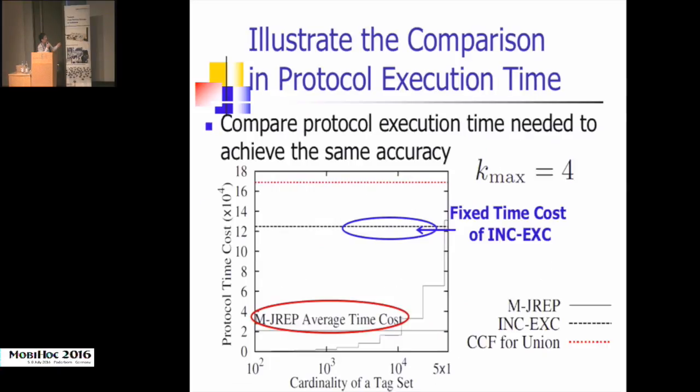So we show that if we compare the protocol execution time, the time efficiency of all the three protocols, our algorithm is at this level. And the inclusion-exclusion rule algorithm is at this level. And the K-minimum encoding scheme called CCF is at this level.